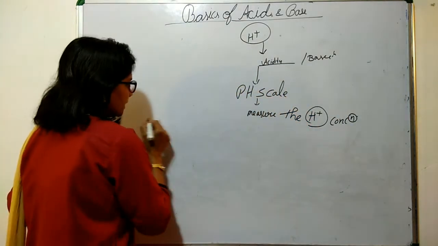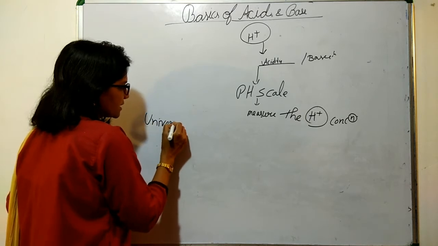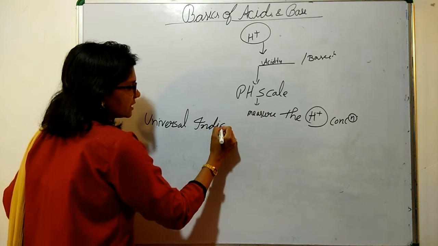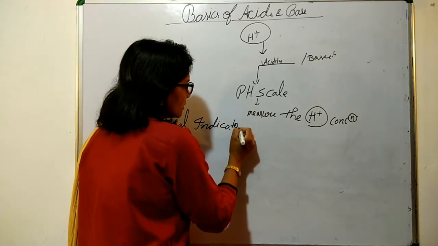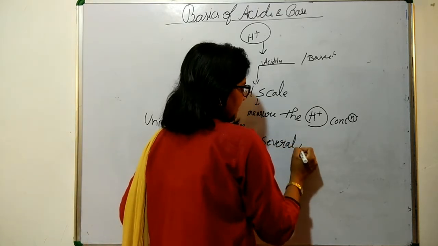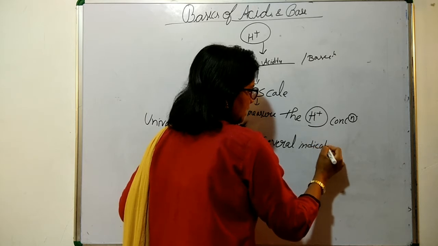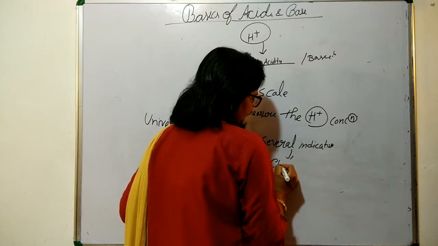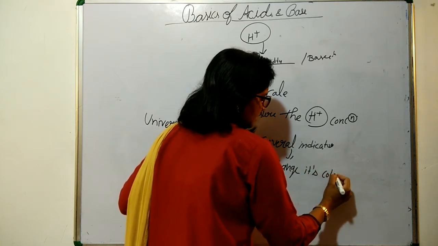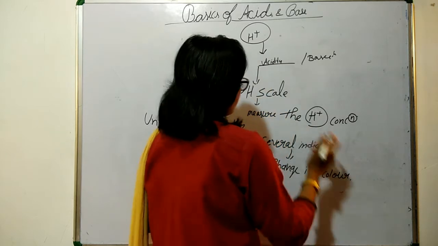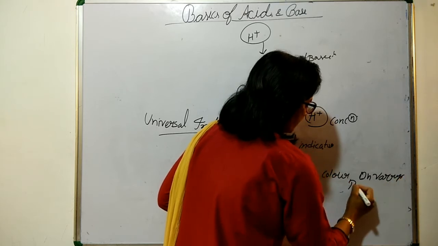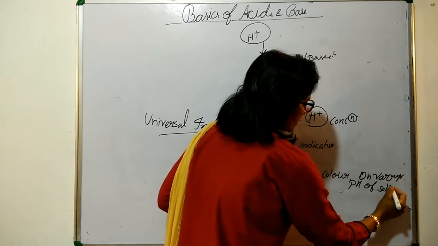Now, on this basis, there is a universal indicator. What is this universal indicator? It is a combination of several indicators which changes its color on varying the pH of the solution.